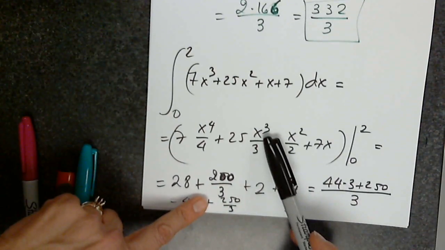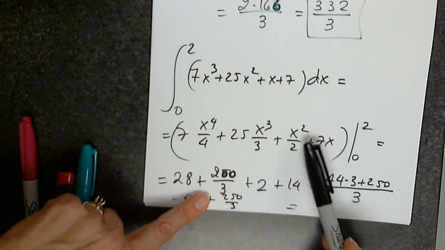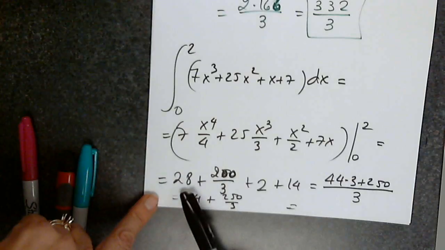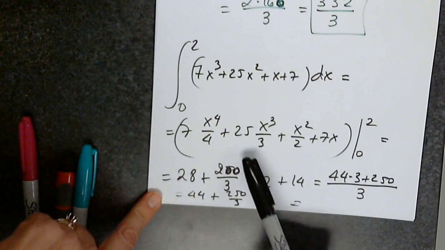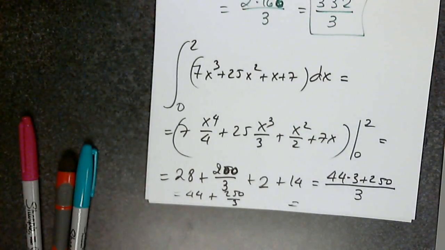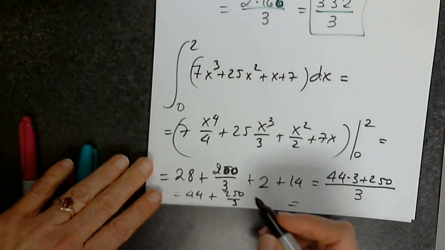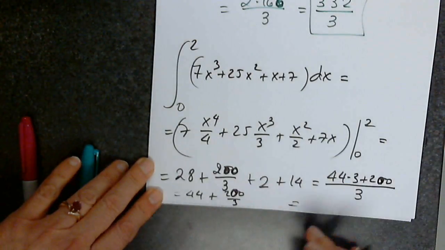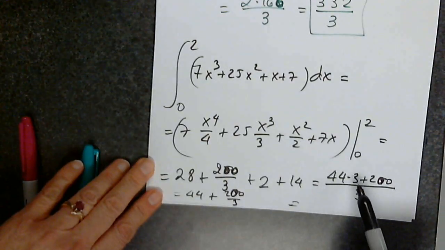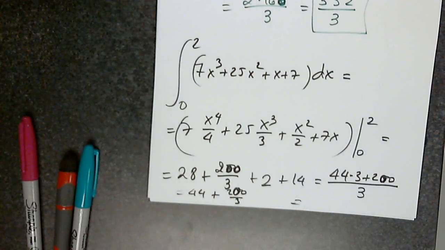And that's 8 over 3. And that's 2, and that's 14. So this is 30, right? 30 plus 14 is 44. And how much is, yes, 200. Oh, yeah. Sorry. Okay. So then 44 times 3.